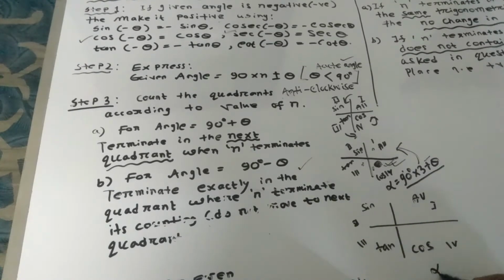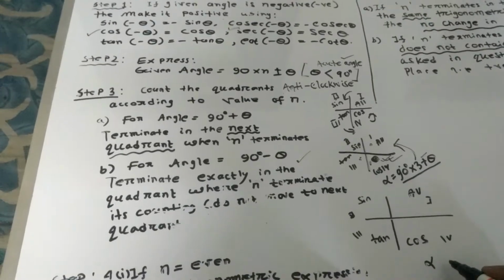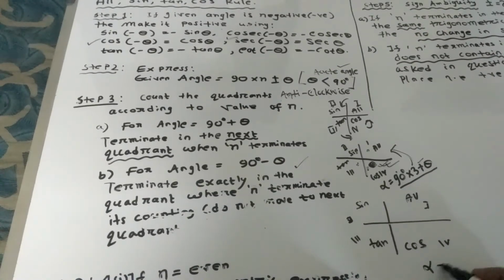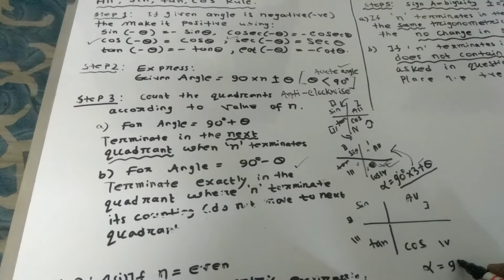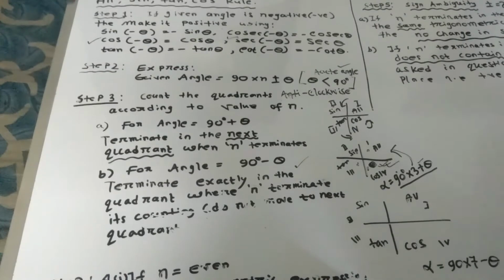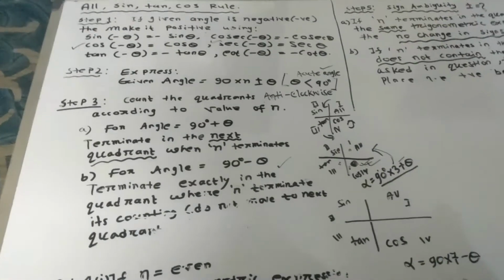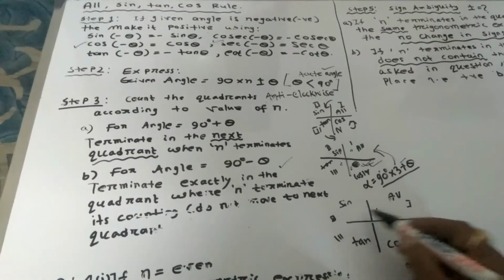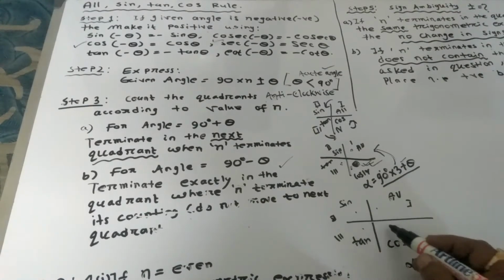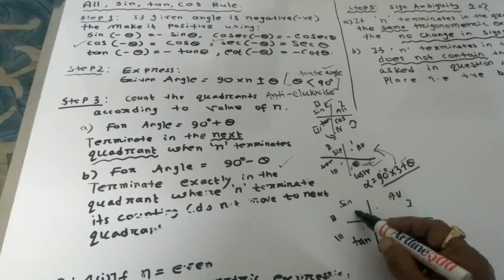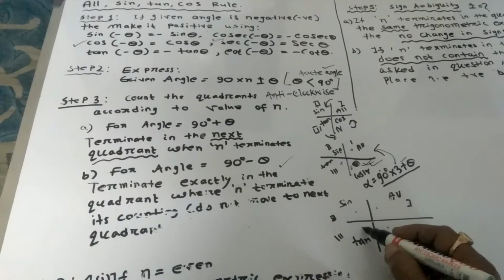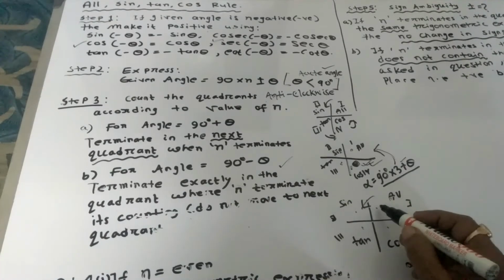You understood? Now for minus, suppose alpha equals 90 into 7 minus theta. Let us count for 7: 1, 2, 3, 4, 5, 6, 7. Third quadrant. So stay in the third quadrant for minus.